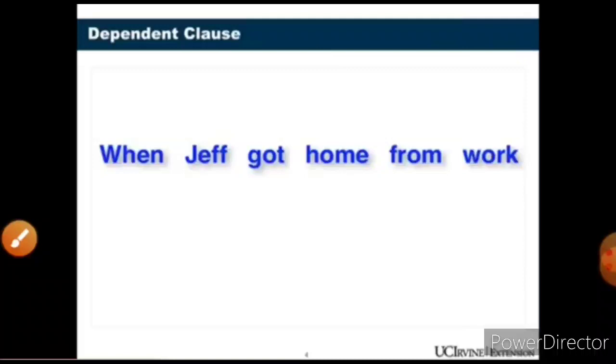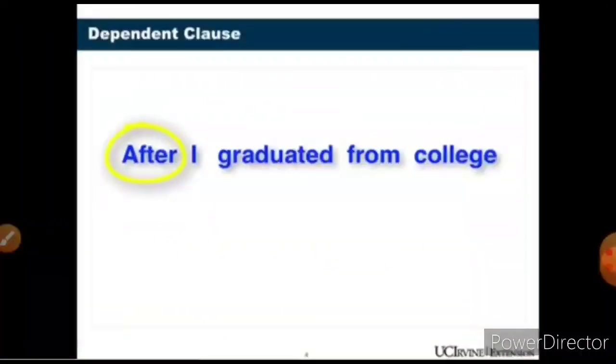Now look at another example. When Jeff got home from work, this is again an example of a dependent clause. And how do you know that? Because of this when. The when indicator shows that this is a dependent clause. We have after I graduated, again an example from the sentences that you have done before.